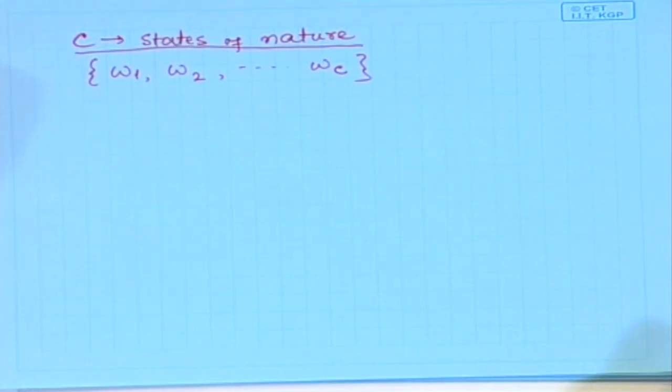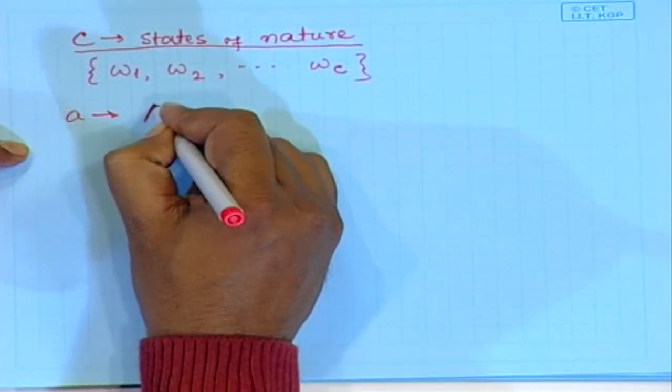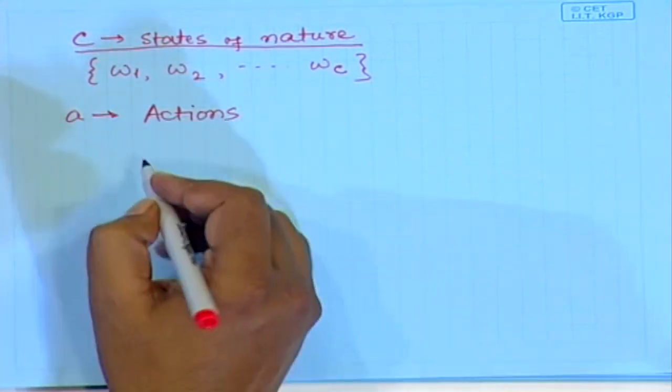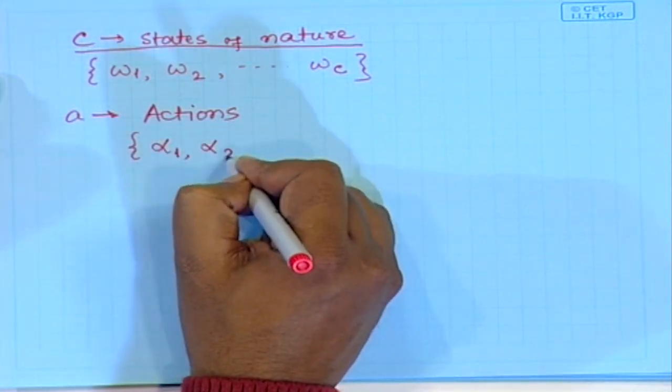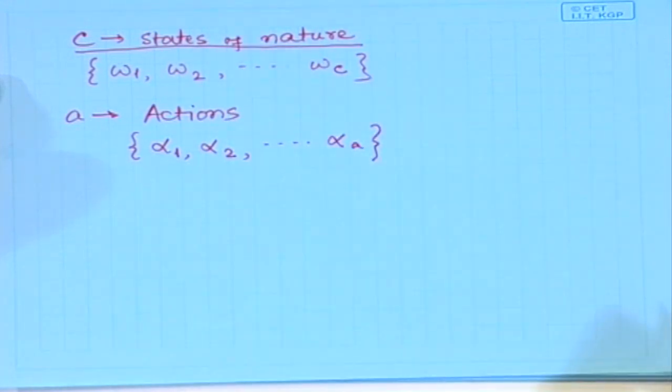Now, about the actions, we also allow actions other than merely deciding about the states of nature. Suppose there are a number of actions, which I represent as the set alpha 1, alpha 2, up to alpha a. This is the set of actions that I have, apart from simply deciding whether the object belongs to class omega 1 or omega 2 and so on.